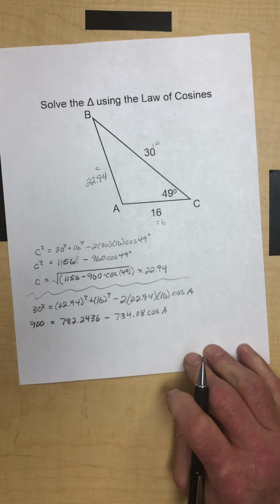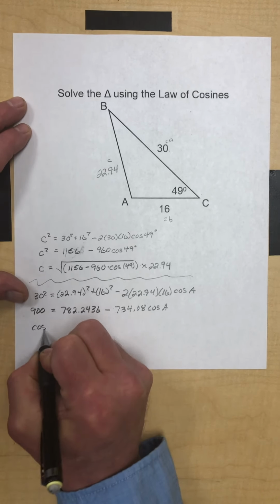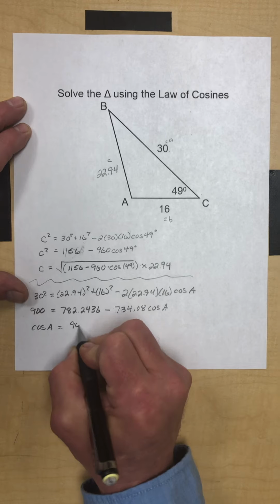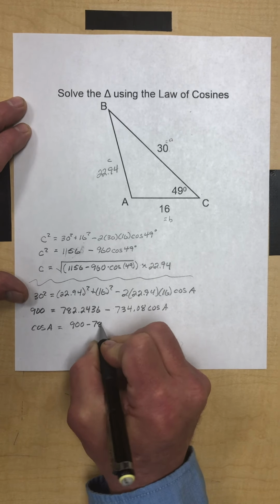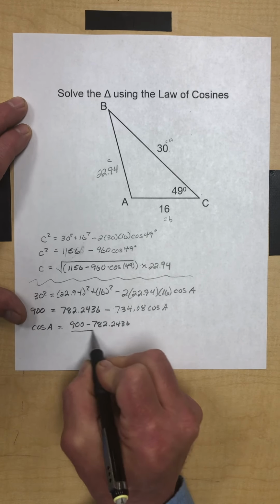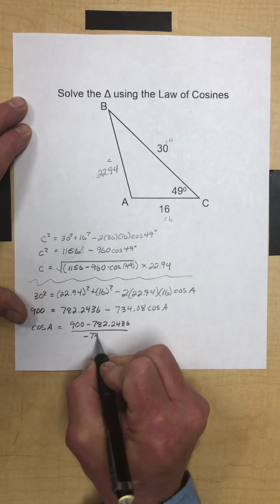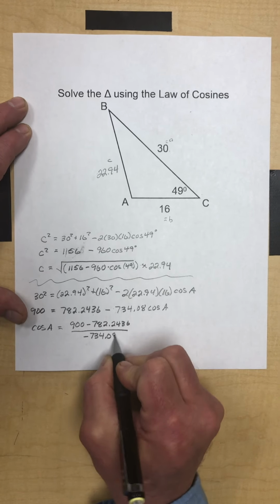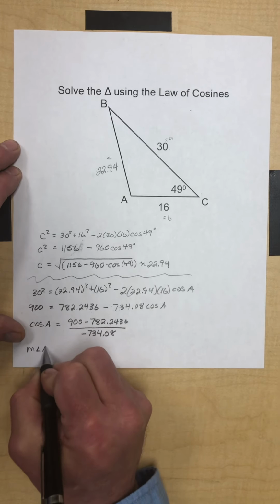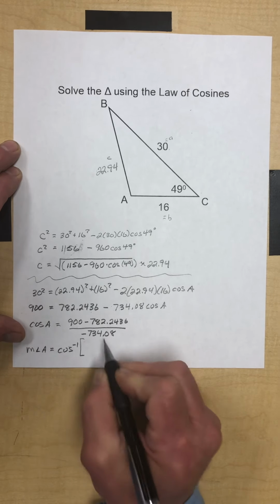So I isolate the cosine of angle A, and the cosine of angle A would be the 900 minus this guy. So 900 minus 782.2436 divided by the opposite of this guy, so negative 734.08. So I'm going to have to go cosine inverse of this guy. So the measure of angle A is cosine inverse of this guy.